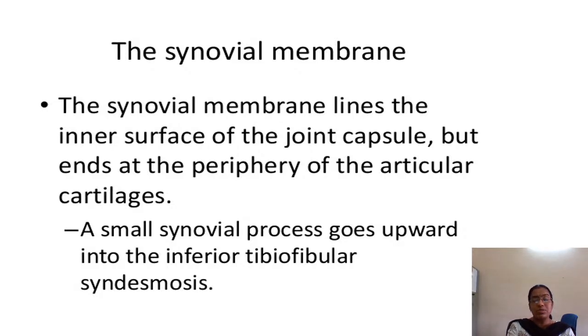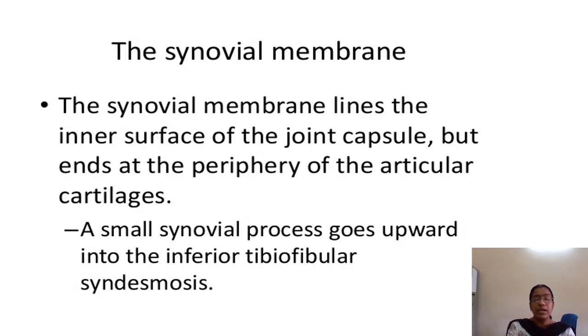The whole of the fibrous capsule, above, below, anteriorly, posteriorly and laterally, is lined by the synovial membrane, but that lining is deficient at the periphery of the articular cartilages.